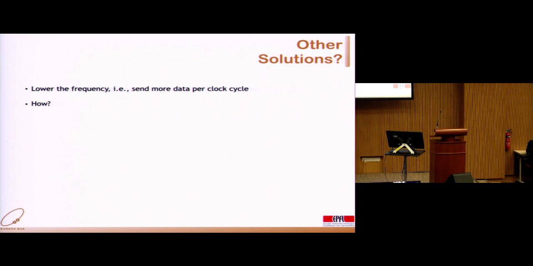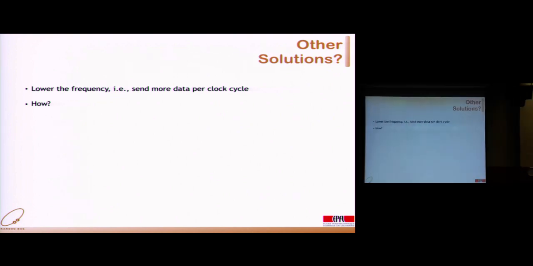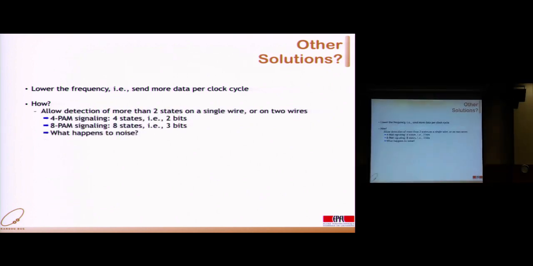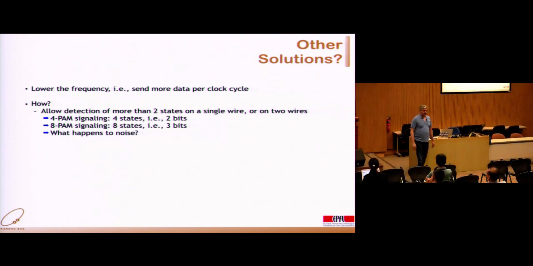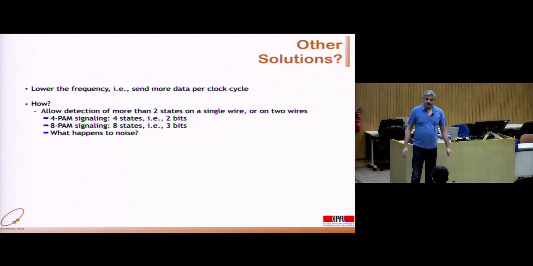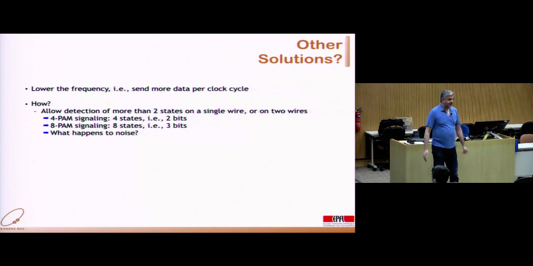So you want to reduce the frequency of the operation. But how? One way that people immediately think of is, what if I send more levels per wire? If I had 4 levels, for example, then I could send twice as much at the same frequency. If I had 8 levels, then 3 times as much. Looks like a free lunch.